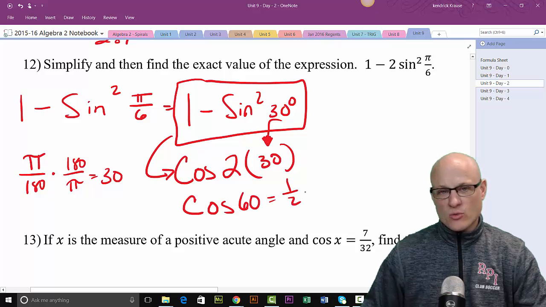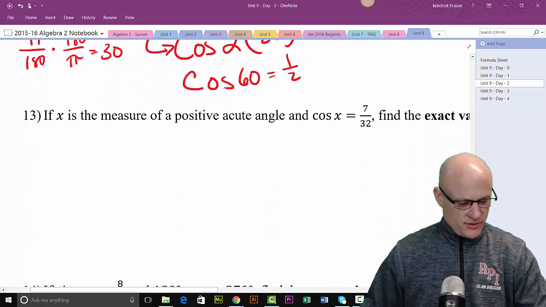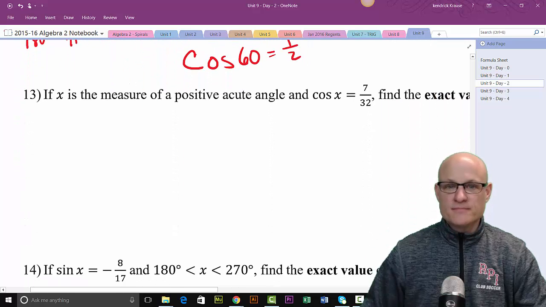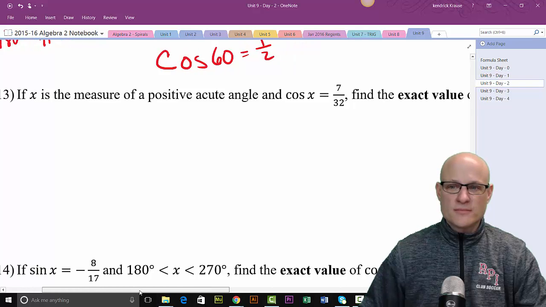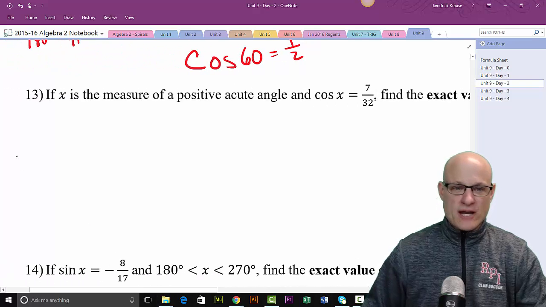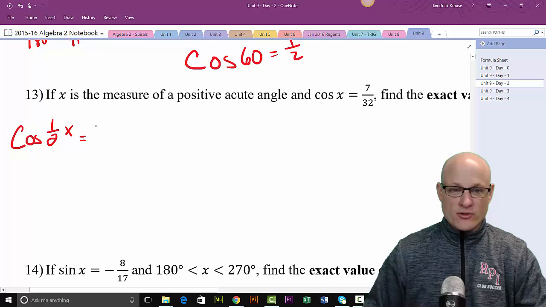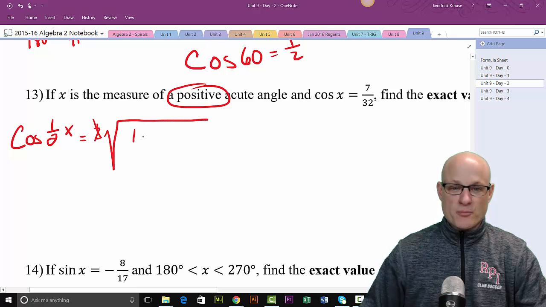What's next, kids? 13. Another half angle. You guys can do these. So I want to know the cosine of 1/2 x, which I know to be plus or minus. They only want the positive, so I can get rid of that minus. 1 plus 7 over 32, all over 2.